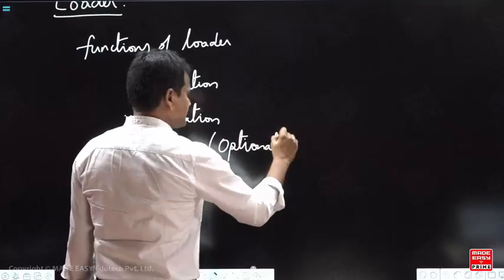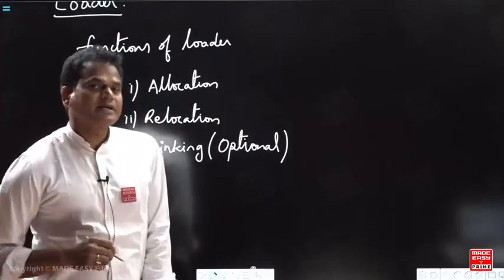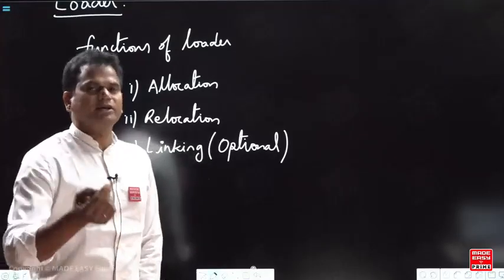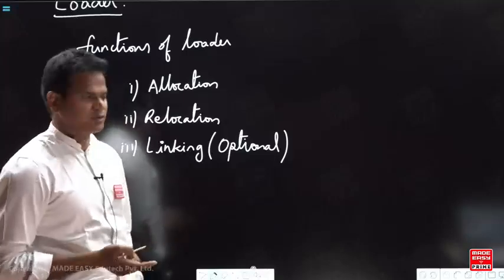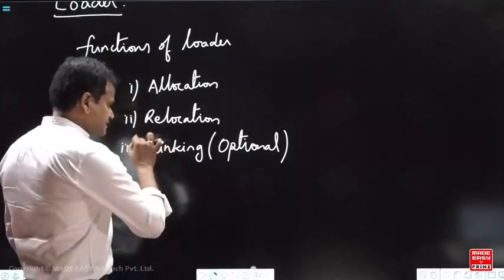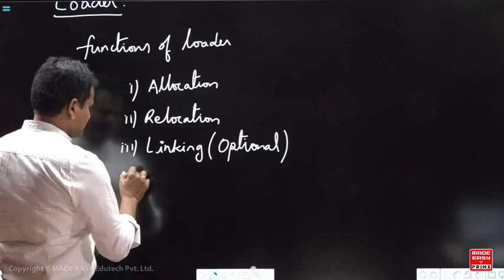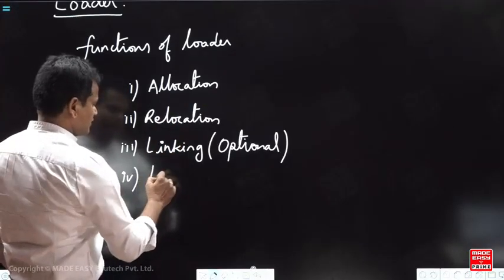Actually linking will be done by link editor. Some kind of loaders will be there, for example relocatable loader, which will do the linking. So in some textbooks you will find the functions of the loader: allocation, relocation and loading.